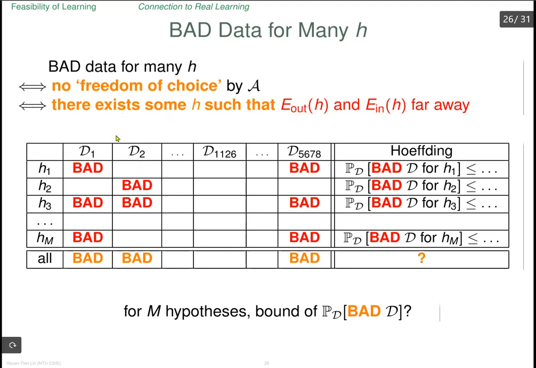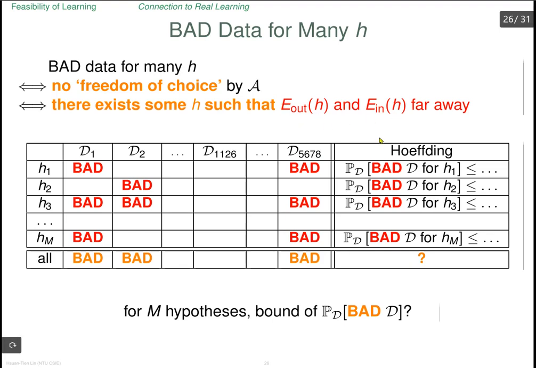So we will have M hypotheses, and there will exist one or some of these h such that our out-of-sample error will be different from in-sample error, or they will deviate much. The probability of a bad sample in Hoeffding's inequality was that these two are different.